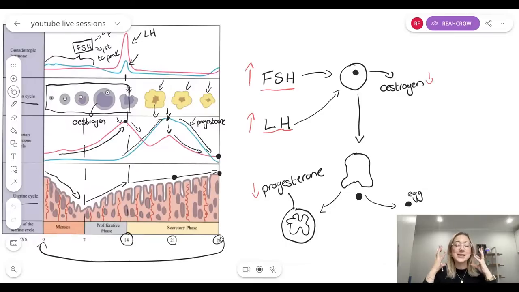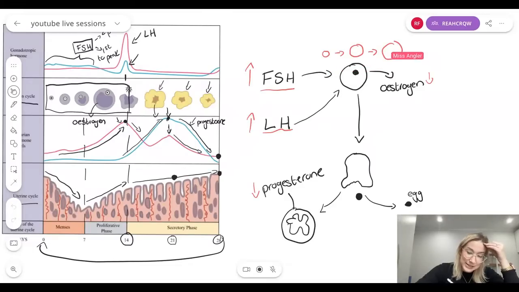And it makes sense because if I'm stimulating a follicle to grow, that means this follicle I drew for you is going to go from being here to being bigger to being the biggest. And remember, as it grows, it makes estrogen. Now, when estrogen goes up, guess what goes down?